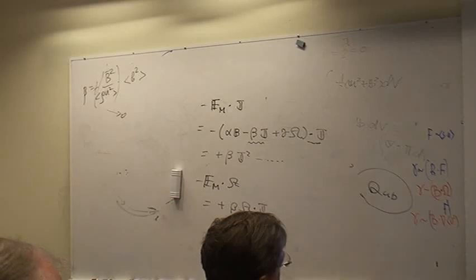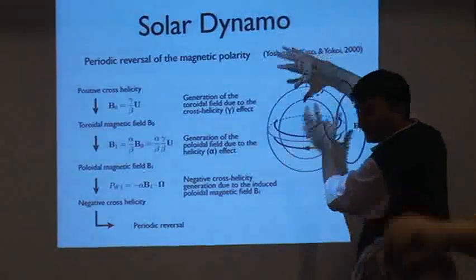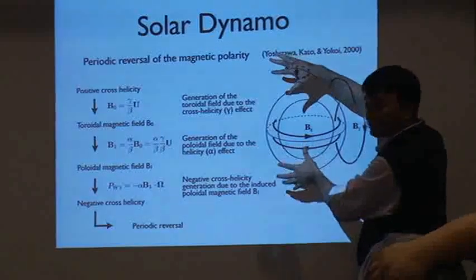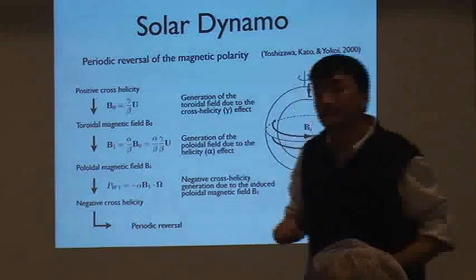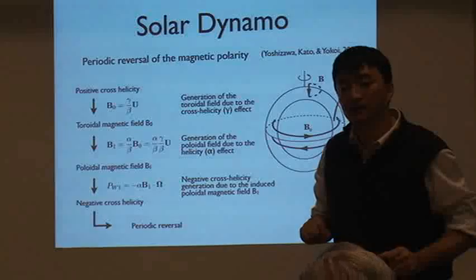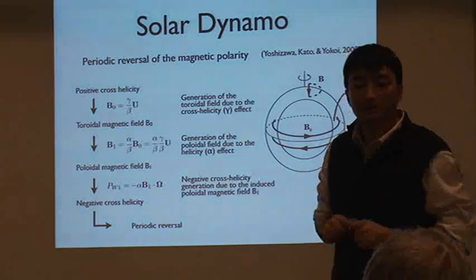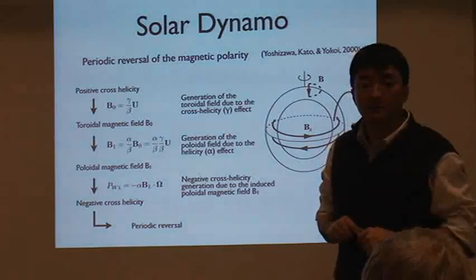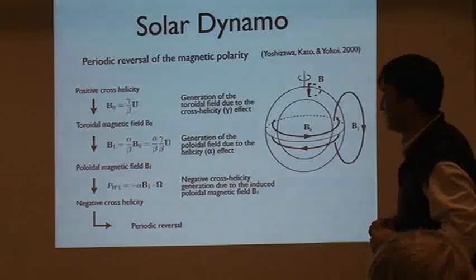And of course other pseudoscalars, helicity and cross helicity, change their sign with opposite sense in the northern and southern hemispheres. Alpha changes sign, it's a matter of fact. And gamma should change sign in order to get something similar to the toroidal field. It means that B1 does not change sign when we pass from one hemisphere to another.